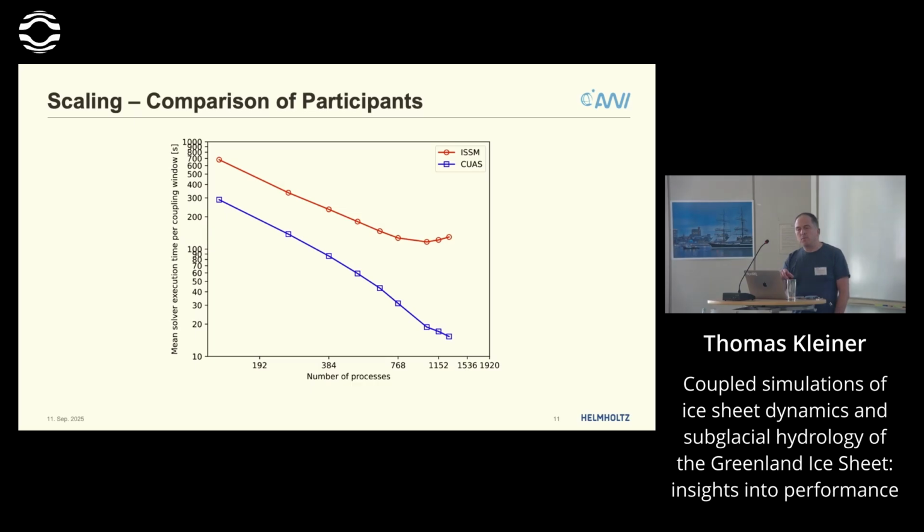If we now look at what the participants do in those scaling analyses, you can clearly see that ISSM, the red curve on top, is not scaling that well compared to CUAS, but CUAS is anyway the cheaper model.